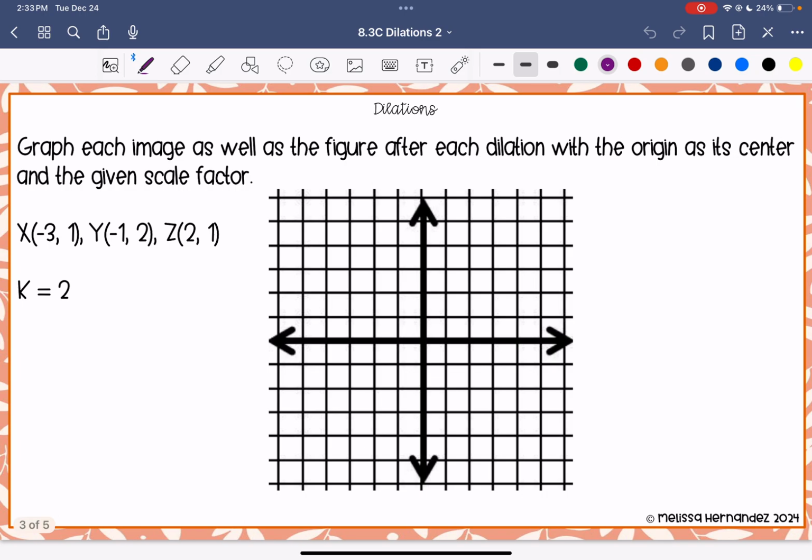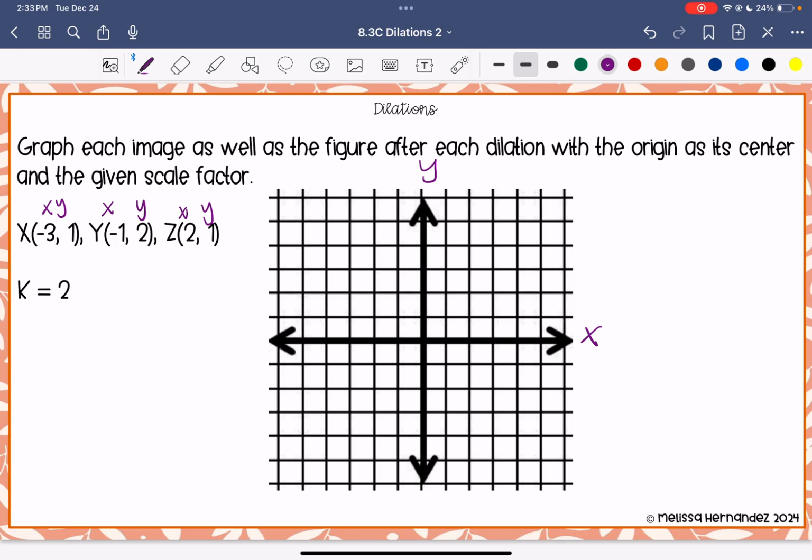It says graph each image as well as the figure after dilation with the origin as its center and the given scale factor. So right now we have 3 ordered pairs. So this is our x-axis, this is our y-axis. So you don't have to label each ordered pair, but I think sometimes we forget, so it's not bad to have a good practice.